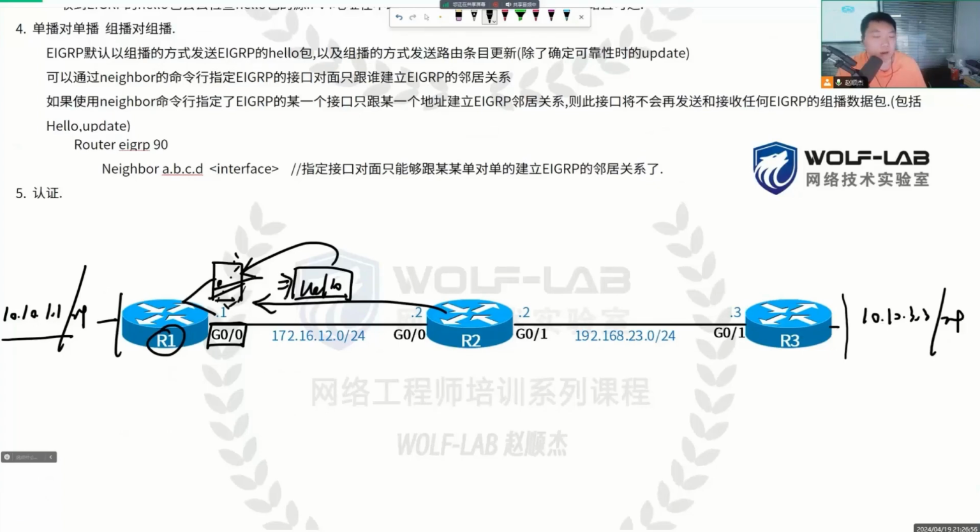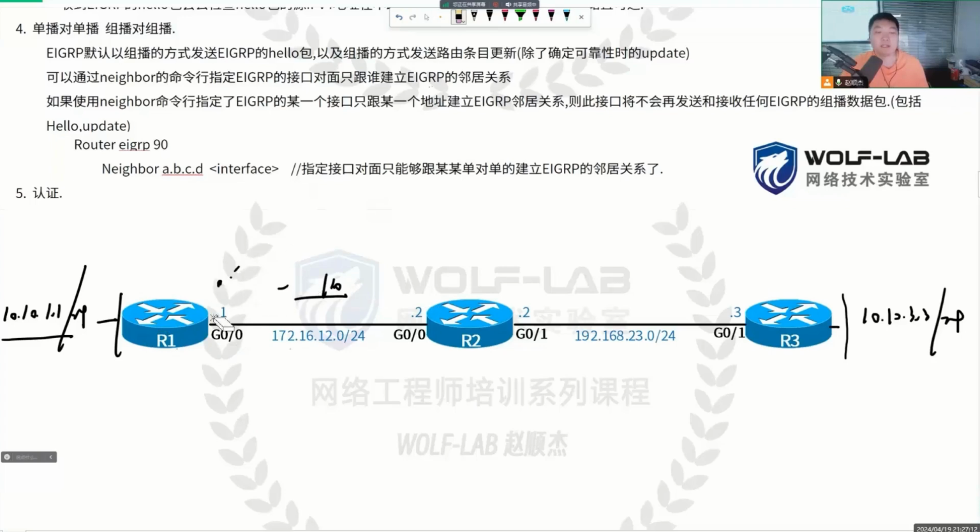After opening the door, you can send this data packet in, and I can receive your hello packet. Otherwise, I won't accept it. We are keeping you in suspense here; our EIGRP authentication will be put in our subsequent EIGRP comprehensive experiment and explained to everyone.